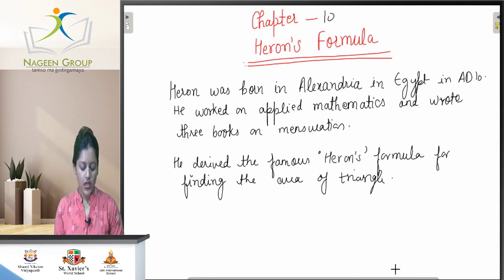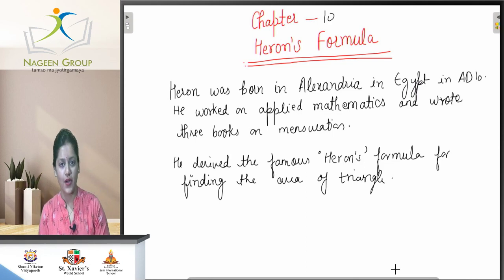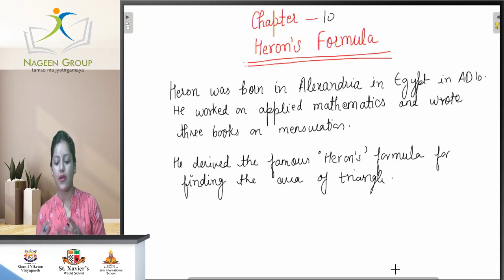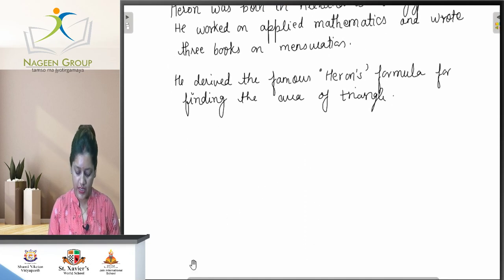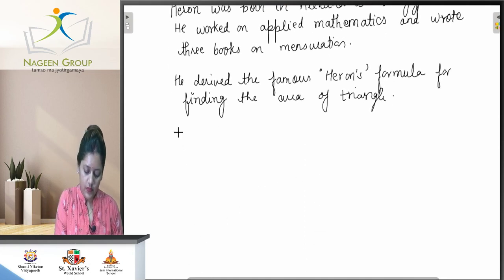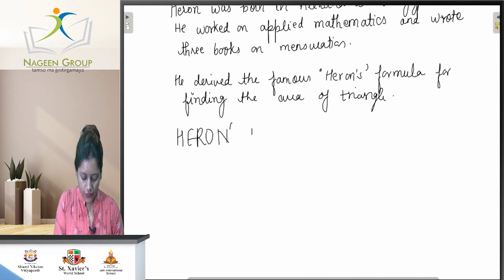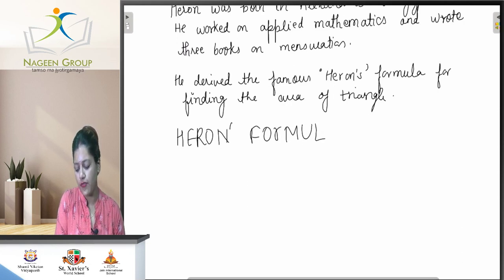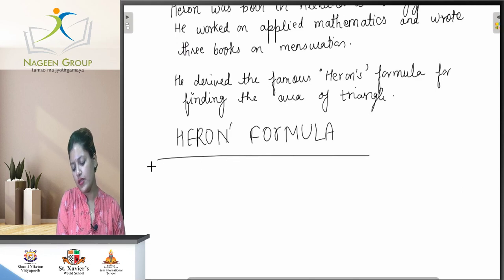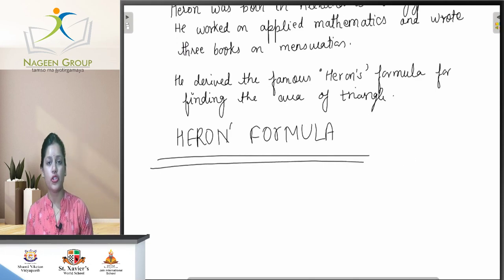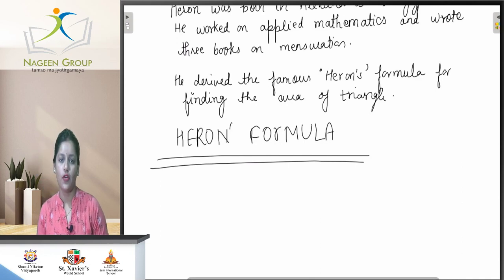So now, what is Heron's formula? Let's get started. Our main topic is Heron's formula. First you have to understand what the formula is, then after that we are going to practice some questions related to this formula, which will help you to easily understand it.